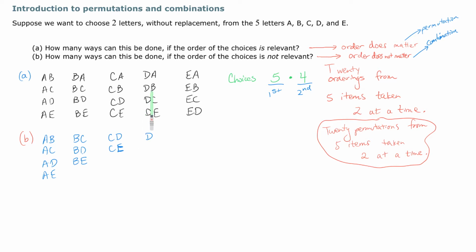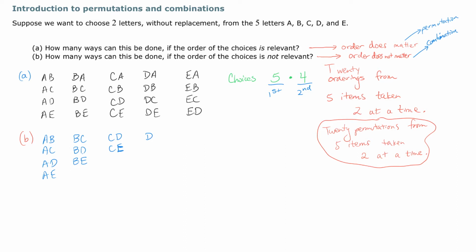I'm referencing up here, by the way, if you're wondering what's going on. I'm just counting the combinations of 2 choices, taken from 5. So we're going to do 5 items, choose 2 of them. Or 5 items, and we're going to take a combination of 2 of them.